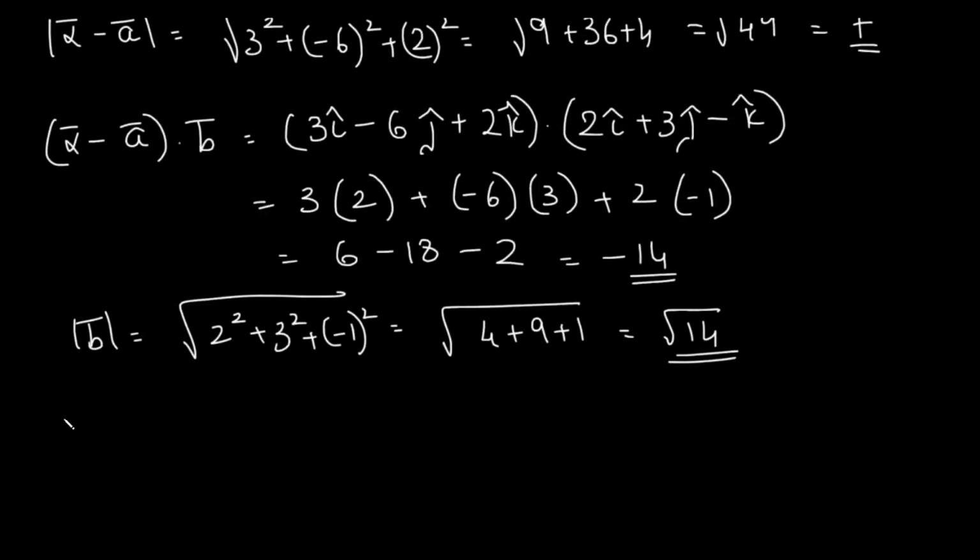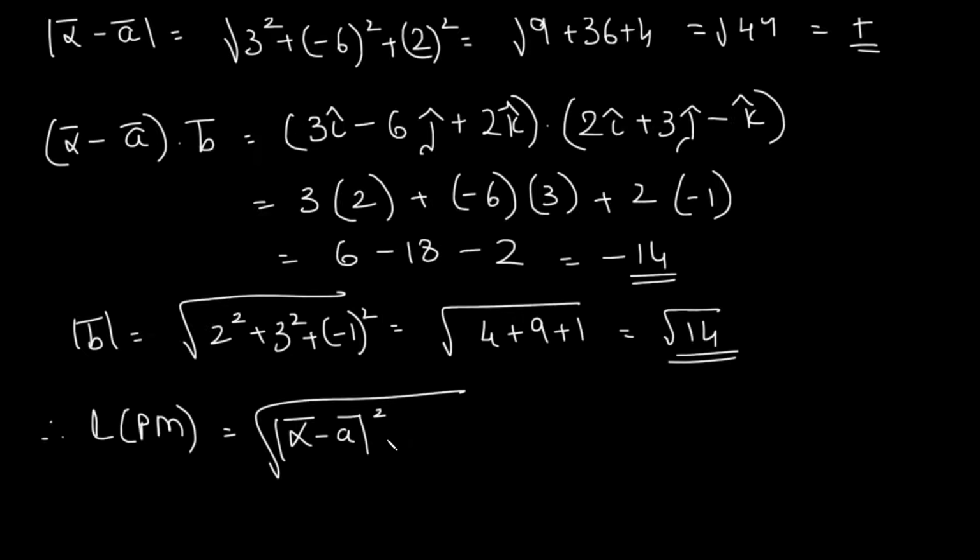Now we substitute this in the formula. So the required distance, let us write the distance as length PM. If P is a point and M is the foot of the perpendicular, then length PM according to the formula is root of mod alpha minus a the whole square, minus alpha minus a dot b upon mod b, the whole square.